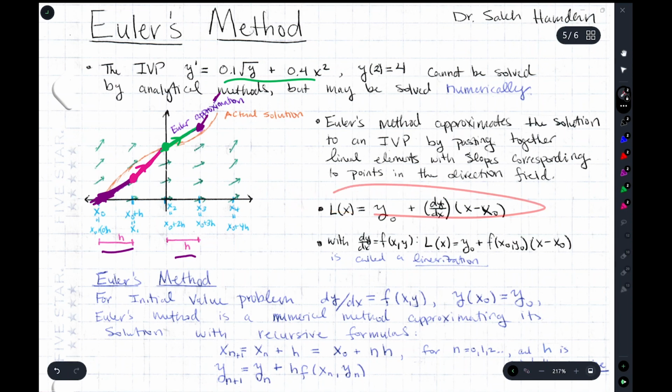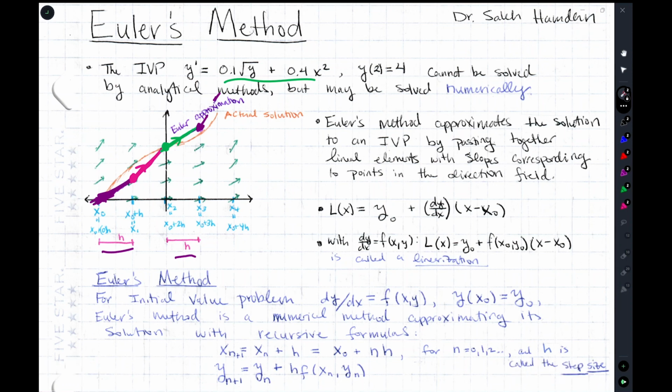And the equation for a line, just using that y minus y naught equals m times x minus x naught, where m is the slope, is this here. You could solve for y, and this is basically an equation of a line. All right, and so what we're going to do is basically get equations of lines for each of these, okay? Each of these segments we're going to get the equation for the line there, the lineal element.